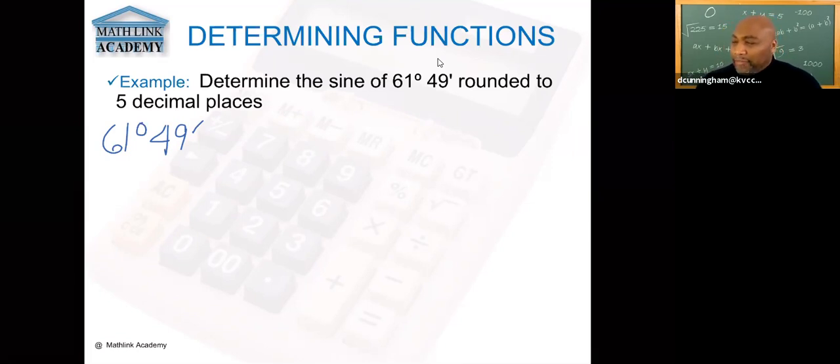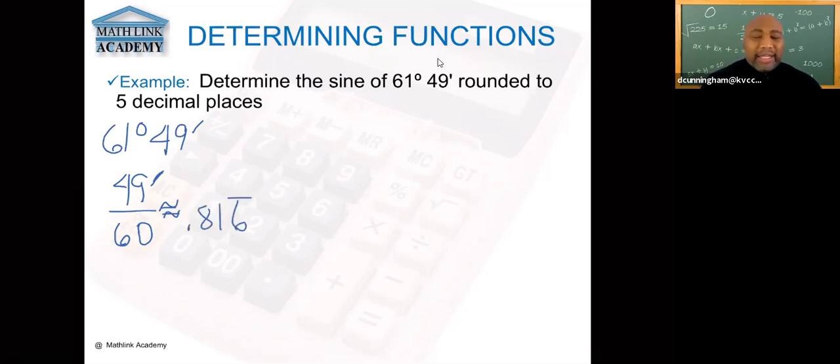We're going to use that 49 minutes, and we're going to divide that by 60. Remember, in the lesson that I've shown you in the previous videos, the key number is 60. And we want to get that decimal value. Why are we dividing by 60? Because we know that 60 minutes equals 1 degree. And so this gives me, if I do my math correctly, approximately 0.816666 repeating.